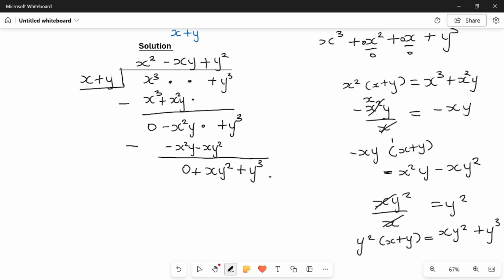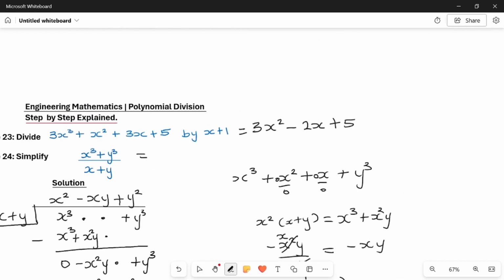So let's write it here. Xy squared plus y cubed. So if we subtract, this minus this will give us 0 and this minus this will give us 0.